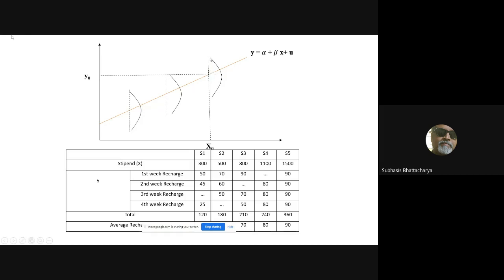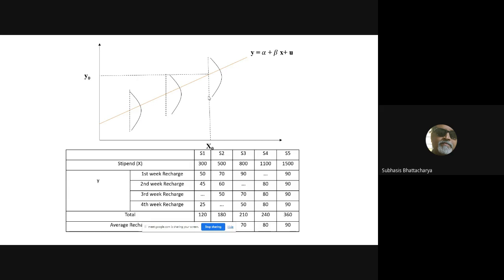And how does the error behave? Error behaves like this normal distribution curve given above. That means for this x0, there are various types of y's. Not only y0, it may be y1, it may be y2 under that particular normal curve. And those y1, y2 values are coming from that source of u, that is, different values of the error term.